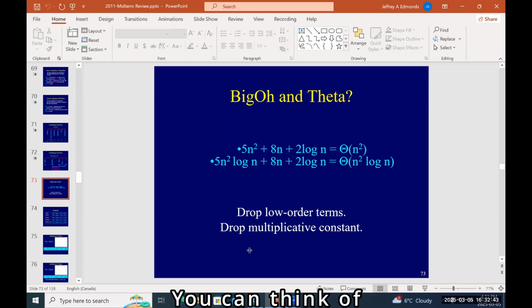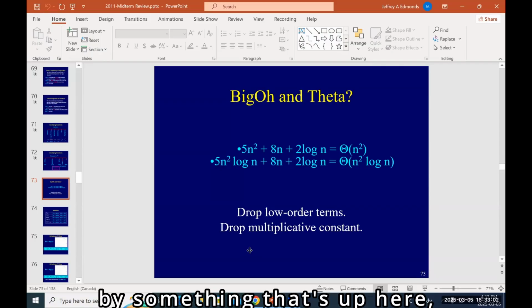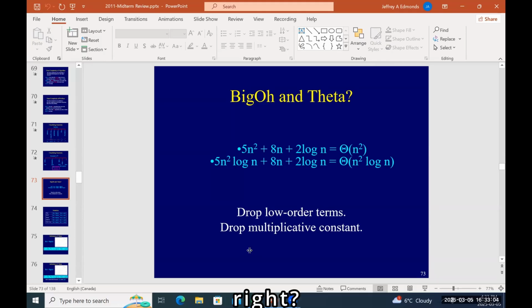You can think of this big O as being more or less a constant. It can wiggle up and down, but it's bounded by 7 or bounded by 5. Now, when it's up here, we've got it bounded by something that's up here.